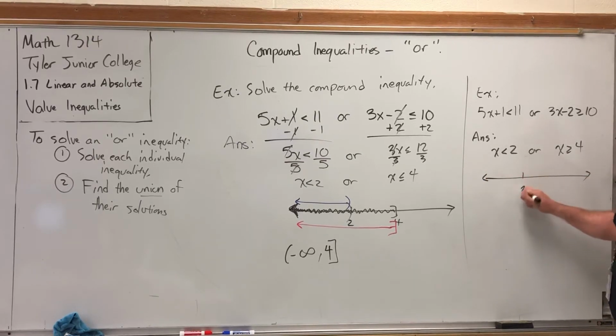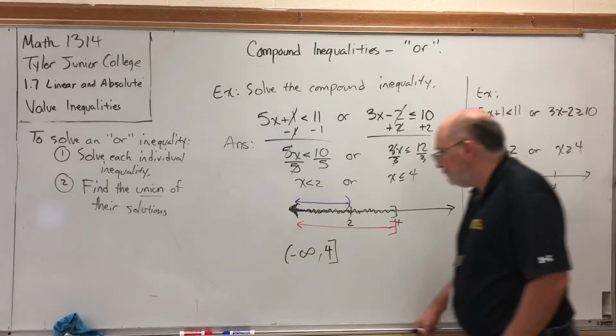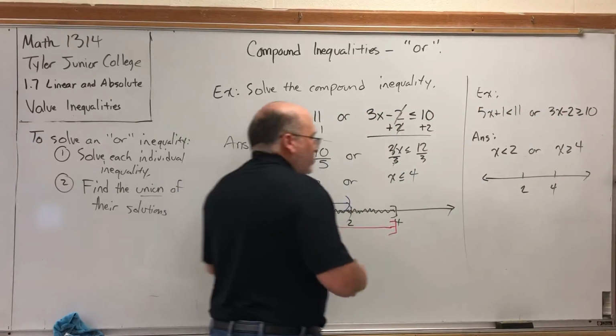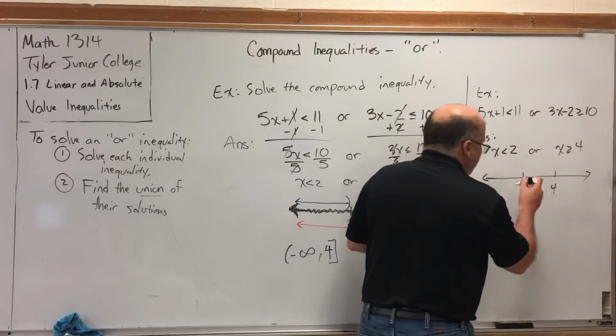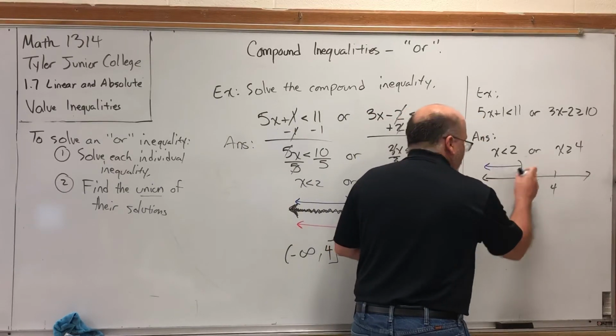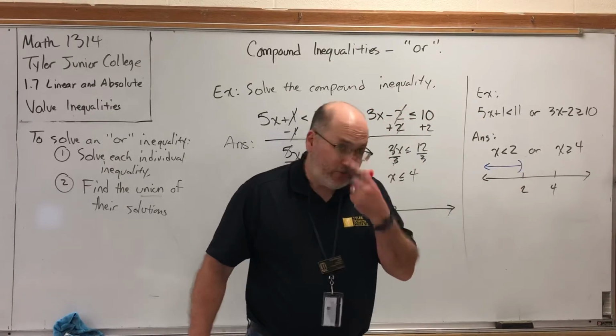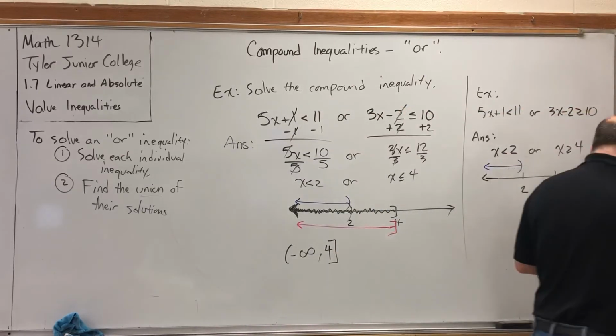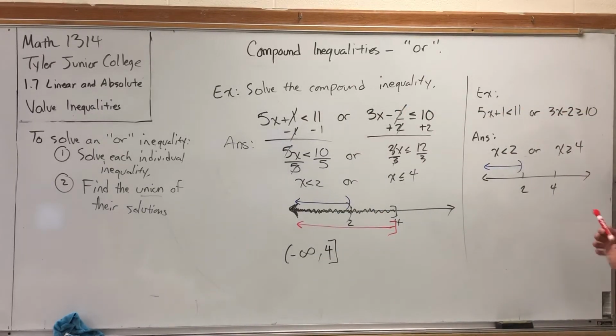So if we were to locate 2 and 4 on a number line and draw each of their solution sets separately, the first one starts at negative infinity, stops at 2 with the parentheses, but the second one, because I turned the sign around, now starts at 4 and goes to the right, bracket on the 4. The union is what I get when I join these together.